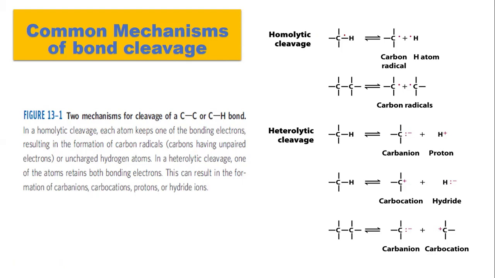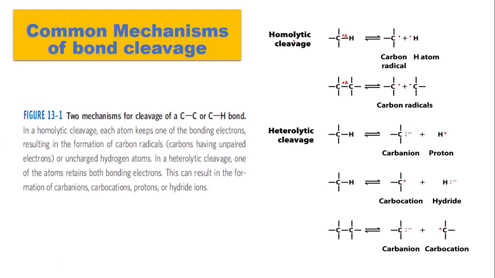As you can see, the bond between carbon and carbon is a covalent bond where there is a sharing of an electron pair, with one electron from each bonding atom contributed for this sharing.